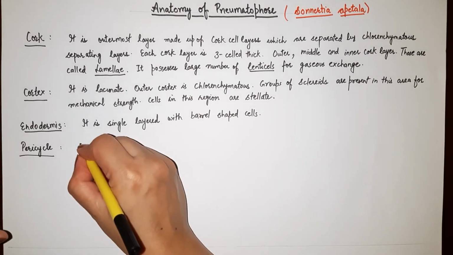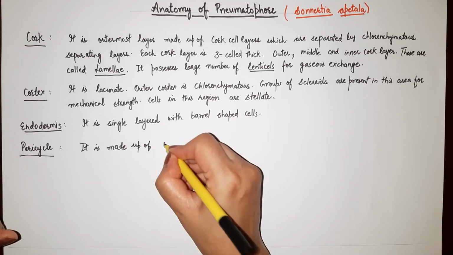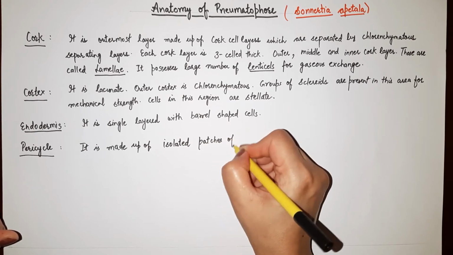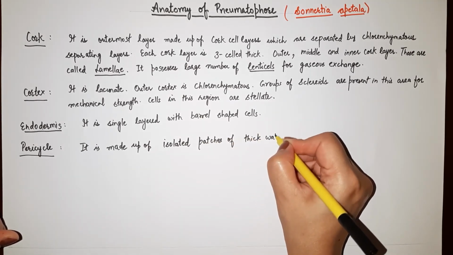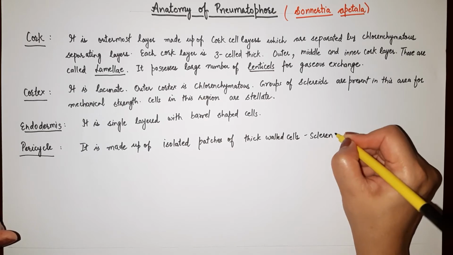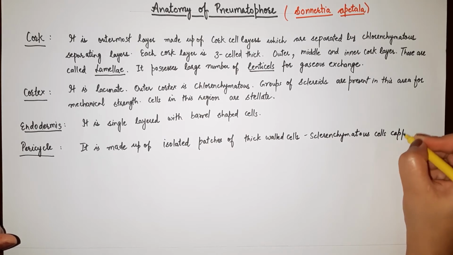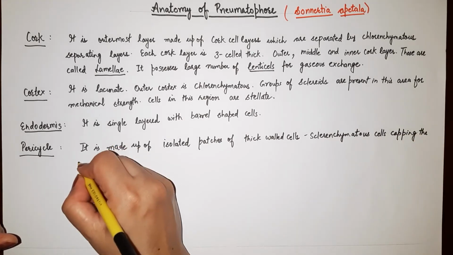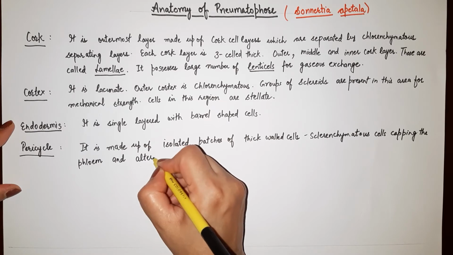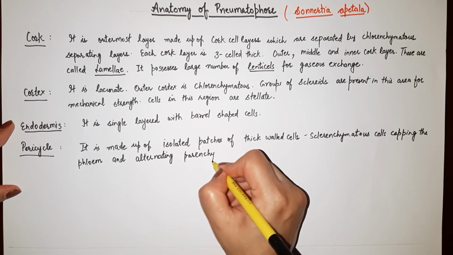So in this case, pericycle is made up of isolated patches of thick walled cells, means sclerenchymatous cells capping the phloem and alternating parenchymatous cells.